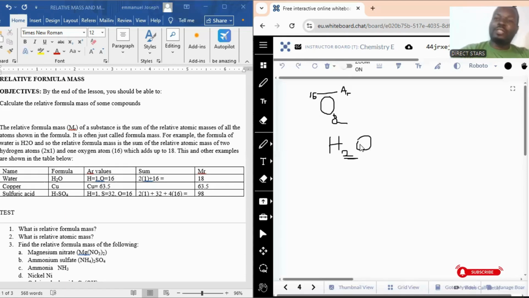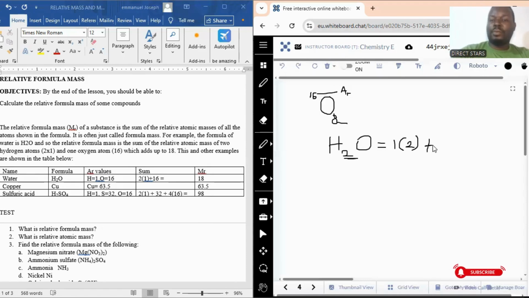If we are to get the formula mass of water, what we will do is, first of all, get the atomic mass of hydrogen from our periodic table. When you check your periodic table, you would notice that the atomic mass of hydrogen is 1. So we'll say 1 bracket 2, because we have 2 hydrogen atoms.